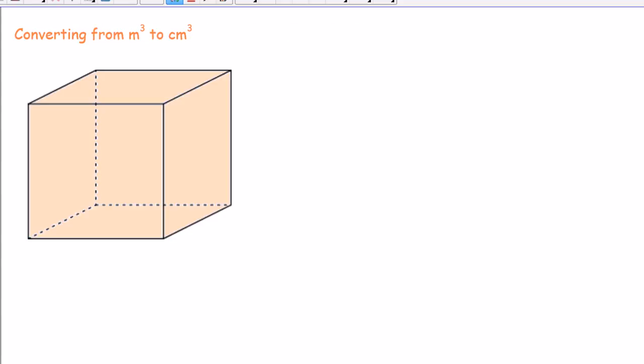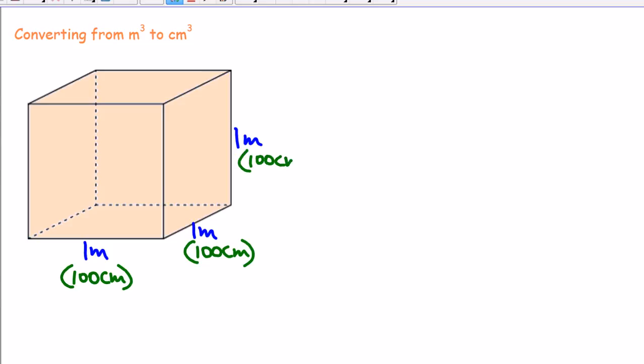Here is another shape, a cube, and I'm going to use it to convert from meters cubed to centimeters cubed. Suppose the length, the width, and the height of this cube is 1 meter, so 1 meter by 1 meter by 1 meter. But we know that 1 meter is equivalent to 100 centimeters. So 100 centimeters, 100 centimeters, and 100 centimeters.